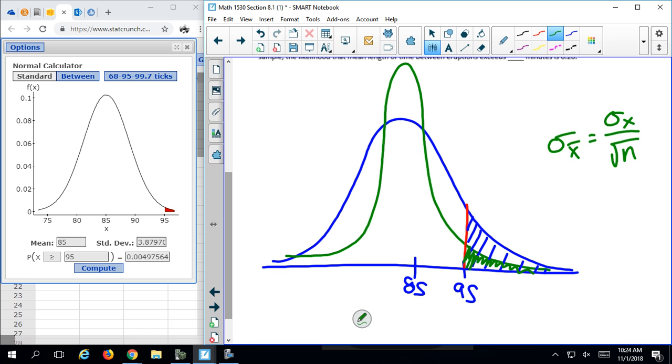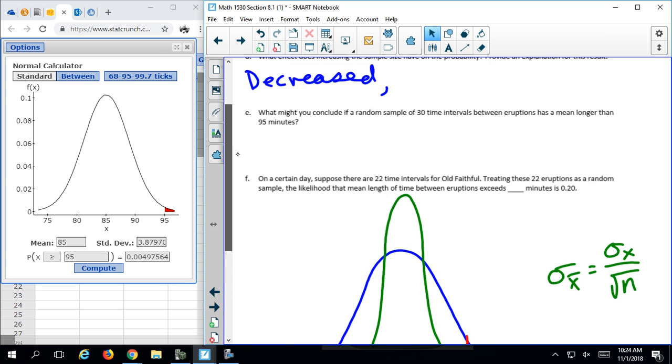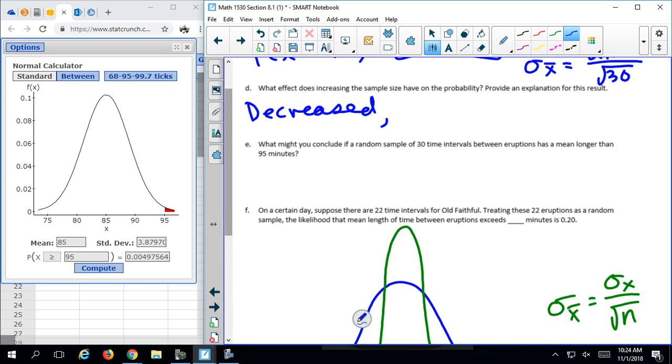So, yeah, 3.888. So that's why. It's because the standard deviation got smaller, right? Sigma x bar decreased, therefore the tails got smaller.